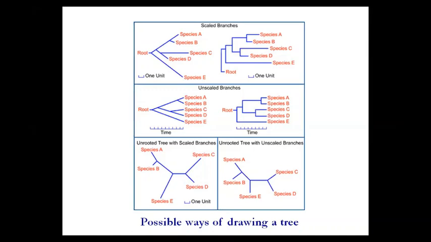So ultimately we can have trees which are rooted scaled or rooted unscaled, or unrooted scaled or unrooted unscaled. A scaled tree means we follow a primitive scale of measurement representing the phylogenetic distance shown by branches. So branch length is maintained in terms of the distance score that we calculate.